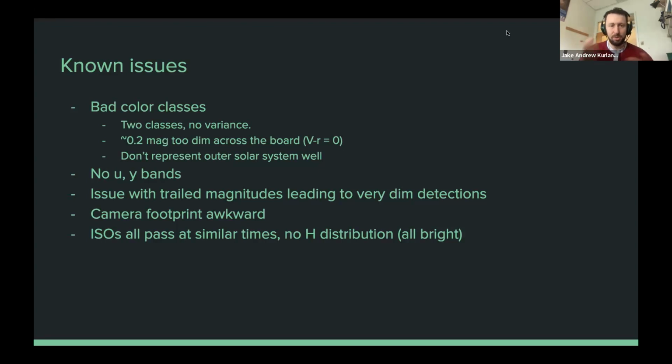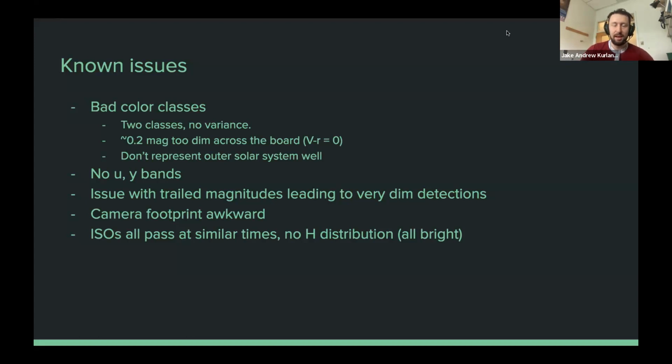The shape isn't quite right, but the size is right, so the number of detections isn't meaningfully changed. And then the last issue, also just mentioned, is that the interstellar objects all pass by the sun at similar times. So there's sort of a sudden ISO shower that's hitting the solar system and none at other times, which probably doesn't match what's going to happen, but you know, who knows?